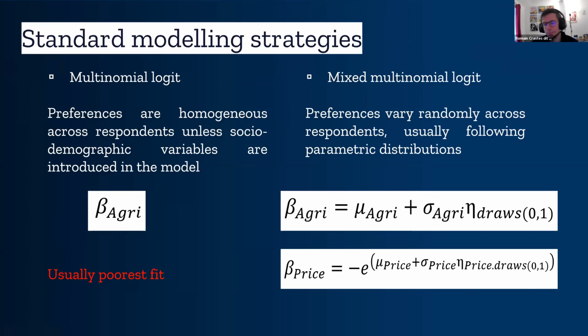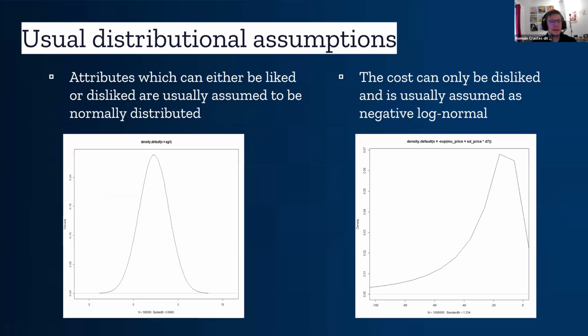So if you want the price to be randomly distributed, you can specify your price as log-normally distributed. That's basically minus the exponential of the mean plus standard deviation times a normally distributed variable. Okay, and that gives us here a normal distribution, and here the log-normal distribution, a negative log-normal, because it's constrained to be negative.